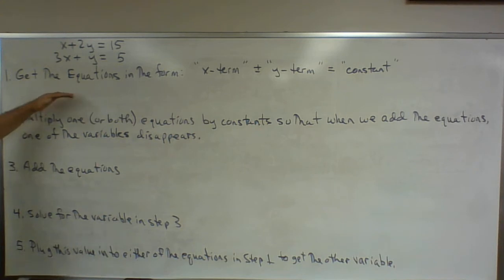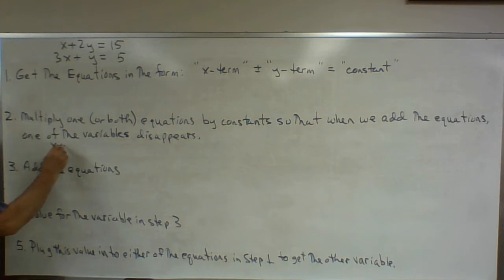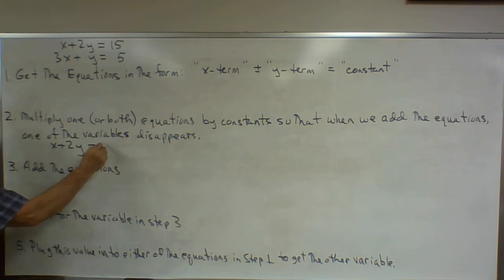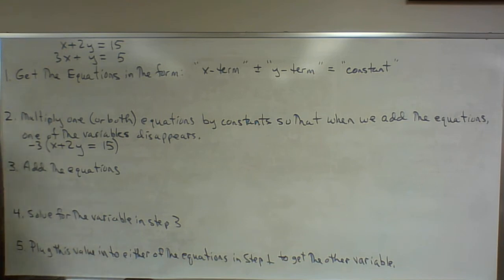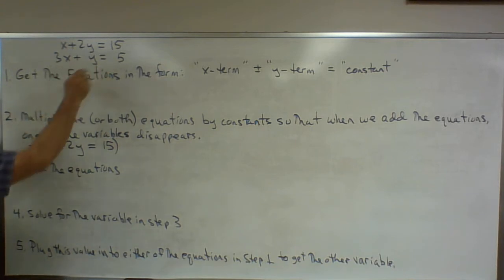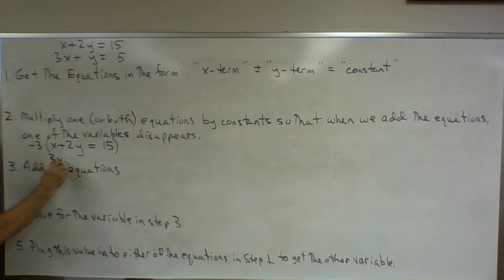The x's will disappear. So here's x plus 2y equals 15, and I'm going to multiply both sides by negative 3. The other equation I'm going to keep as it is, 3x plus y equals 5.